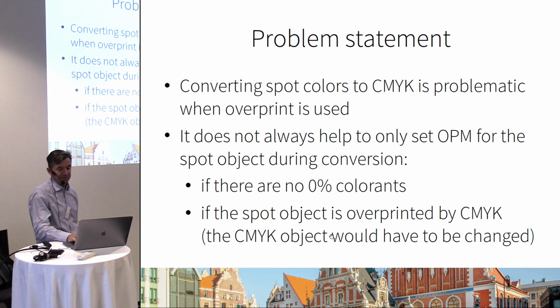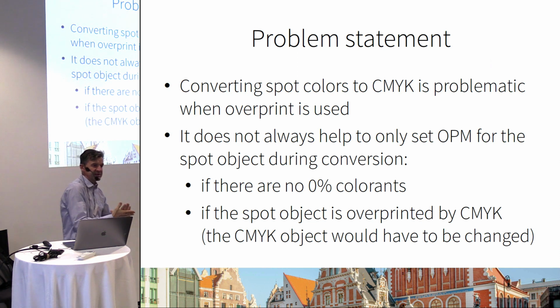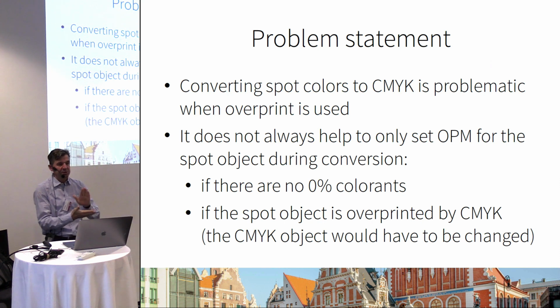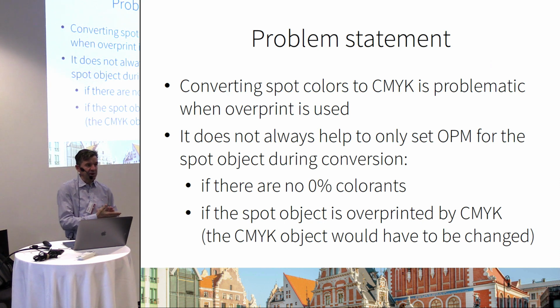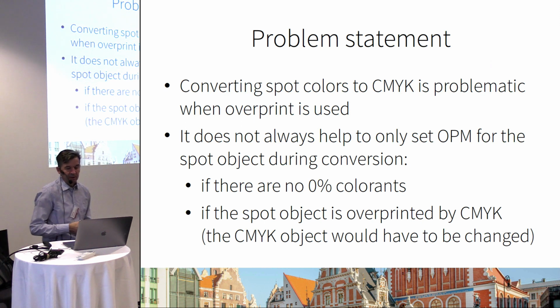However, if this spot color object is being overprinted by a CMYK object, it doesn't help because the OPM has to be on for the CMYK object, not for the background spot color object. So effectively, the engine would have to change an object that is not even affected by the color conversion.